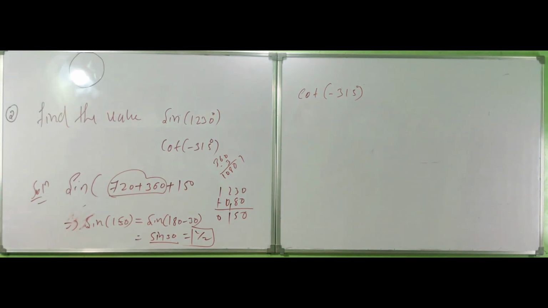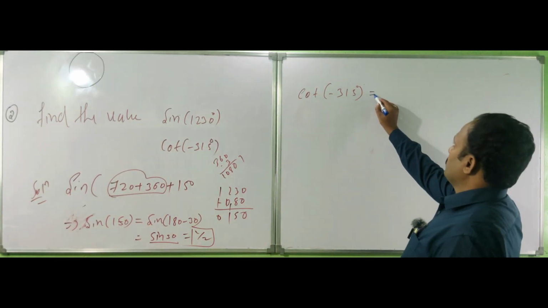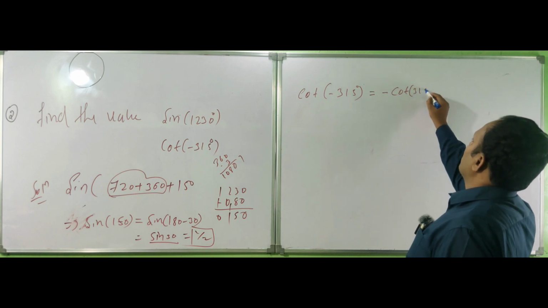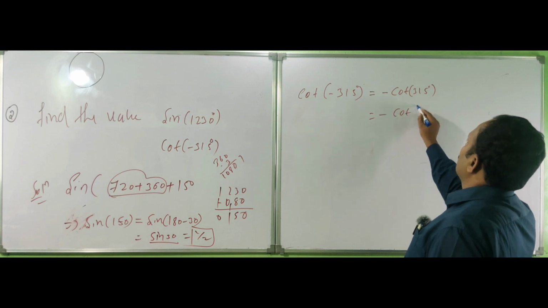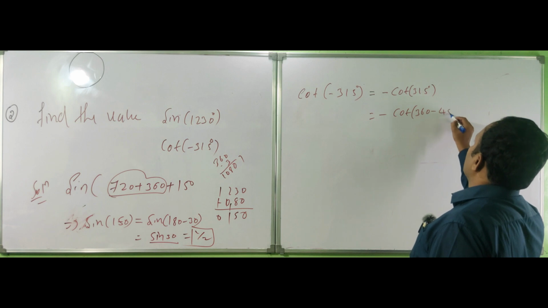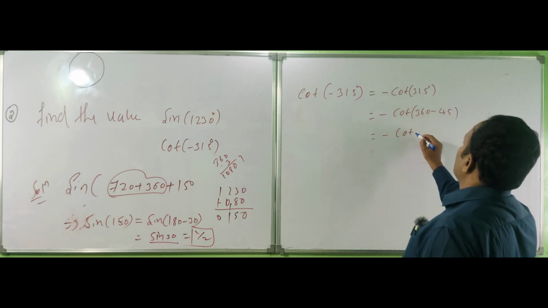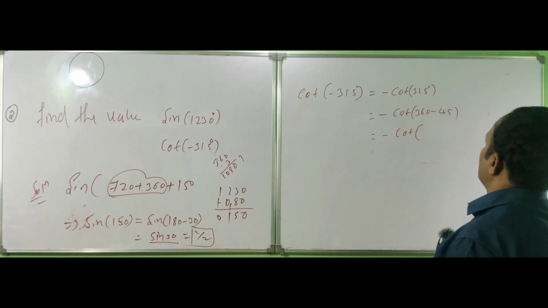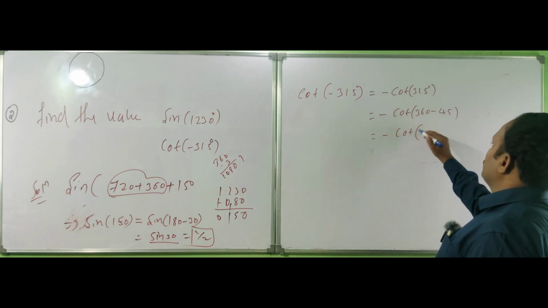This you can write as cot of 360 minus 45, which is minus cot of 45.